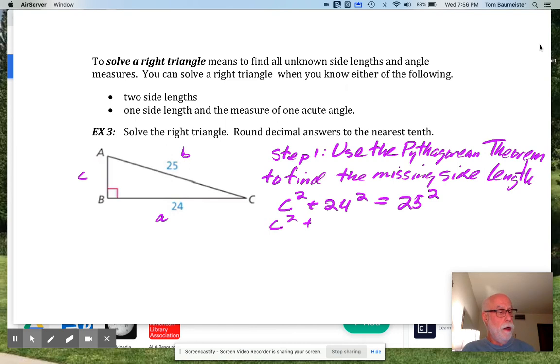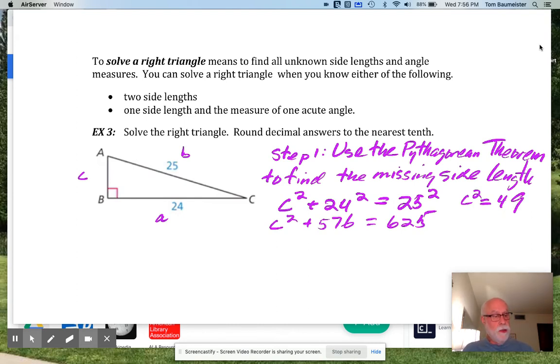for c squared is equal to 24 squared, which is 576. And that equals 25 squared, which is 625. So if I subtract 576 from 625, I'll get that c squared is equal to 49.